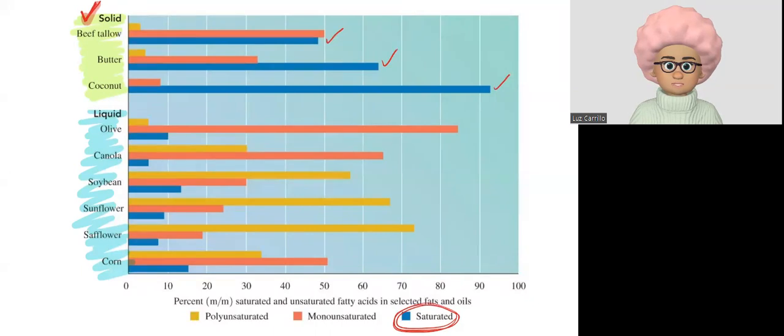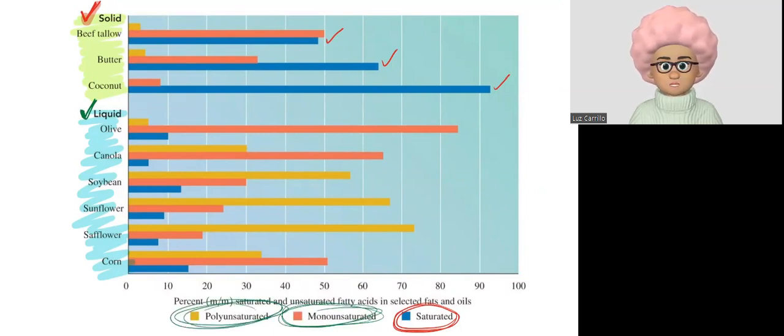All of these, which are found as liquids at room temperature, have a particular feature: they have more monounsaturated and polyunsaturated fatty acids. And we can see that by looking at the bar graphs on each of these substances.